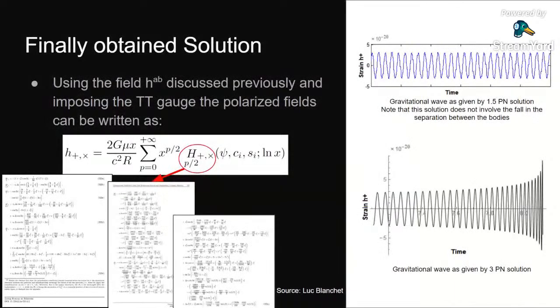For solving strong field zone, yes, we can't use post-Newtonian theory for that, and post-Newtonian theory is the place where I have limited myself as of now. But yes, we have more methods like numerical relativity. We have effective one body problem.